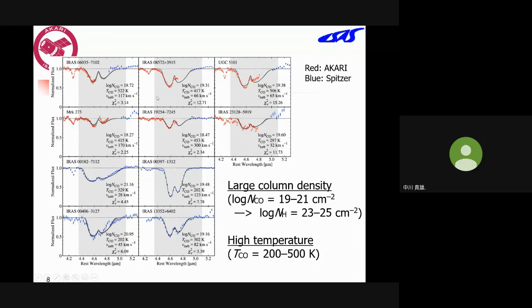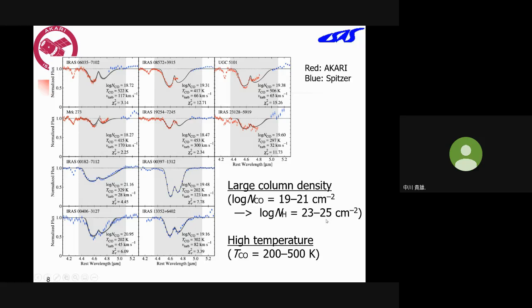And as I said, the AKARI spectral resolution is not so good, so we can only see the P branch and R branch features. But even from these features, we can tell the column density and also the temperature. Especially from the width of the features, we can tell that these are really hot components, spanning several hundred Kelvin, which is much higher than the ordinary temperature of interstellar cloud material.